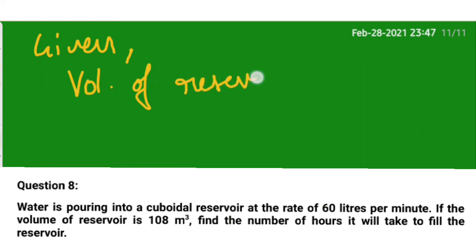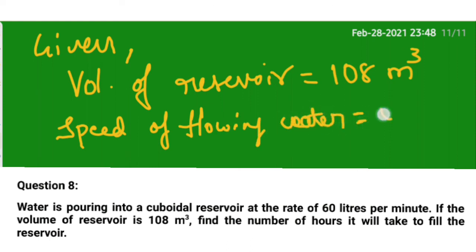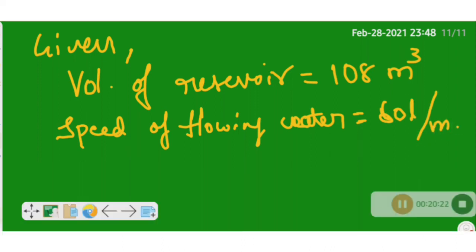Given: volume of reservoir is 108 meter cube, and speed of flowing water is equal to 60 liters per minute.